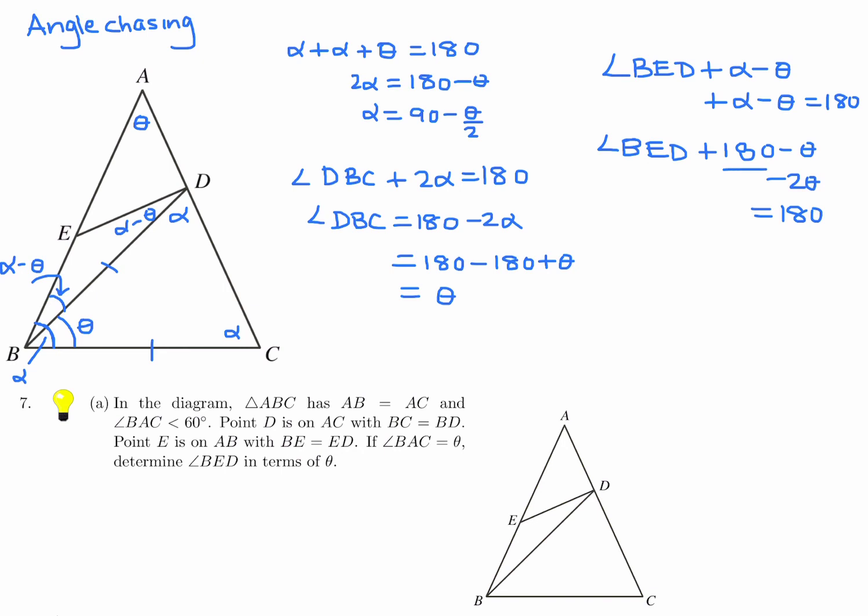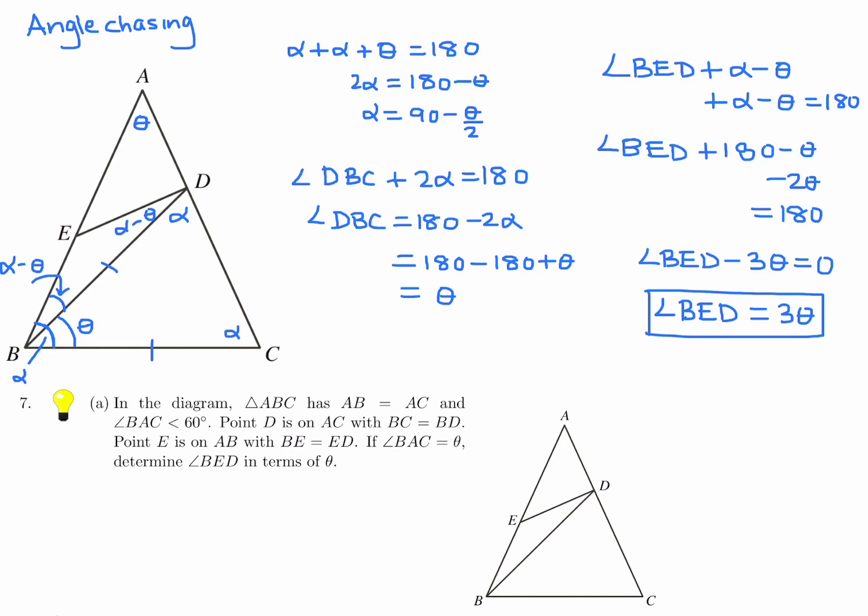So it looks like this 180 cancels with that 180. So all I'm left with is angle BED minus 3 theta is equal to 0. And therefore angle BED is equal to 3 theta. And that's what they wanted. They actually don't want the numerical value. They just want BED in terms of theta. And in terms of theta, it's equal to 3 theta.